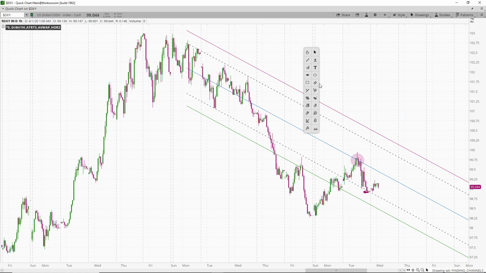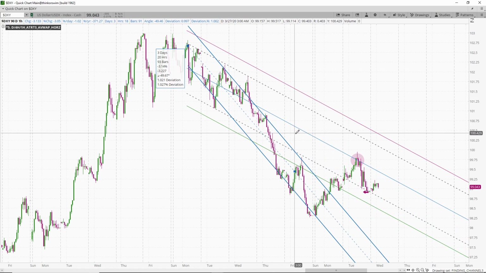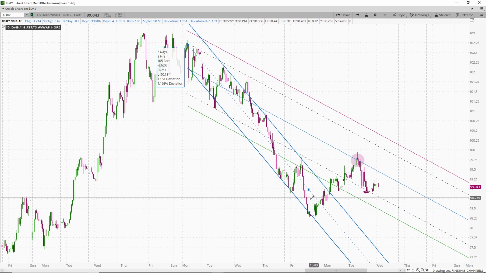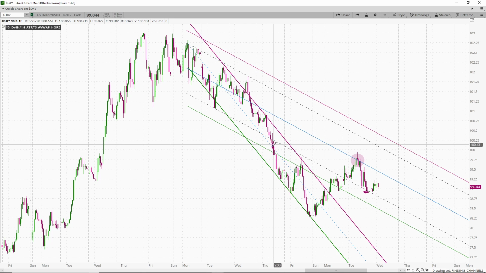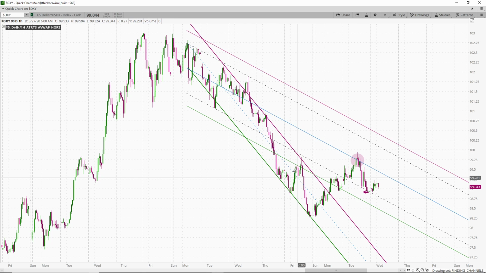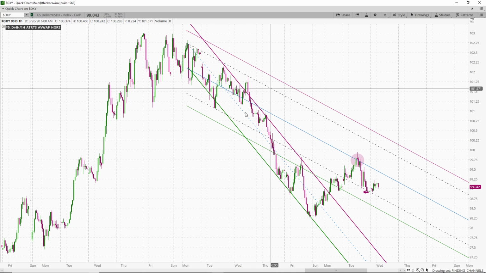So let's overlay a regression channel from the same two points that we were working with here. Let's just say we've got the data as far down as this pivot. Not a great point of control, I would say. There's some price action going on here, but it just doesn't seem like a great point of control versus a manual channel.